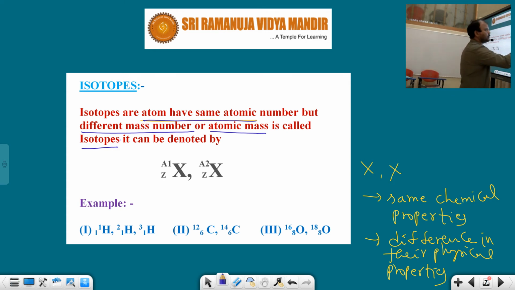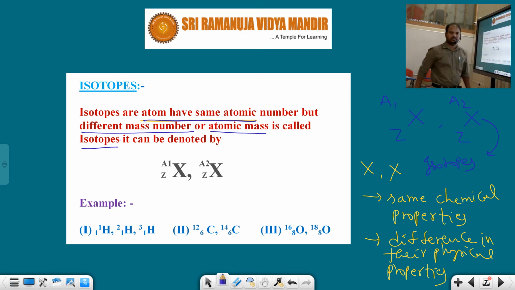Of course, I will explain here. Atoms of the same element have the same atomic number. The atomic number is the same, but the mass number is different. Then these elements are called isotopes. This is another definition.